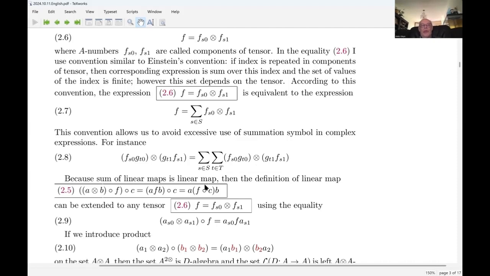Because the sum of linear maps is a linear map, the definition of linear map 2.5 can be extended to any tensor 2.6 using equality 2.9.